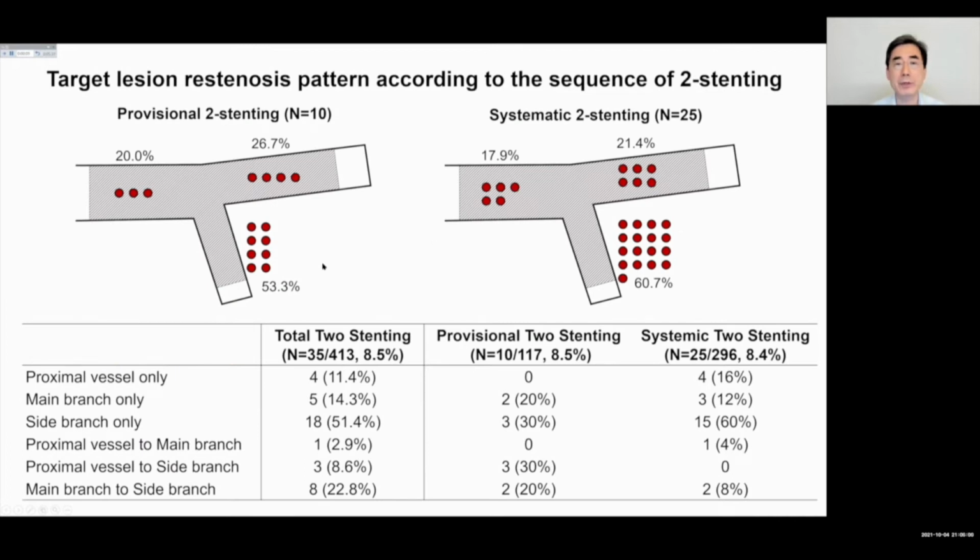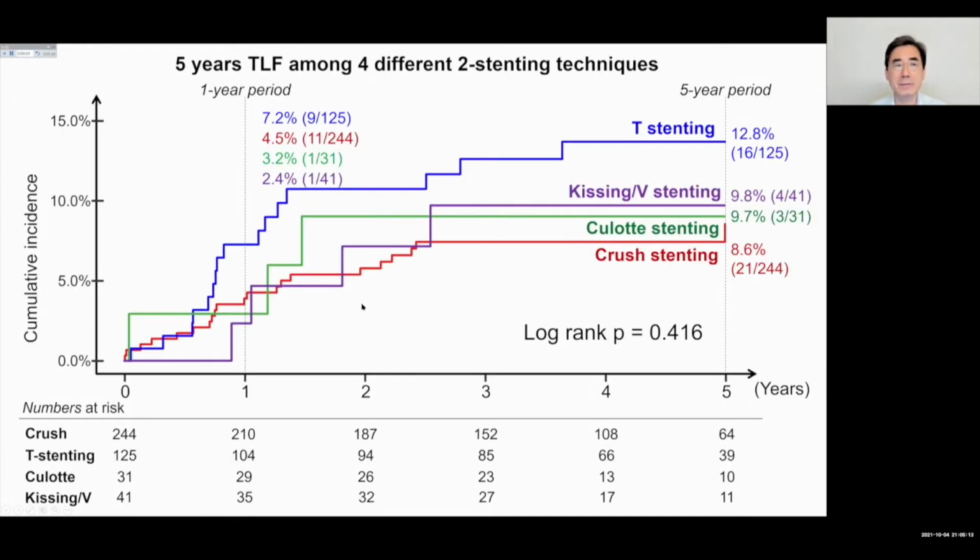Here is the site of recurrence. About half of the recurrence happens at the side branch. The remaining half was distributed in the main vessel, proximal and distal. How about the incidence curve of 5-year TLF among 4 different techniques? A little bit higher in T-stent, less than 10% in the 3 other techniques, but there is no statistical significance.